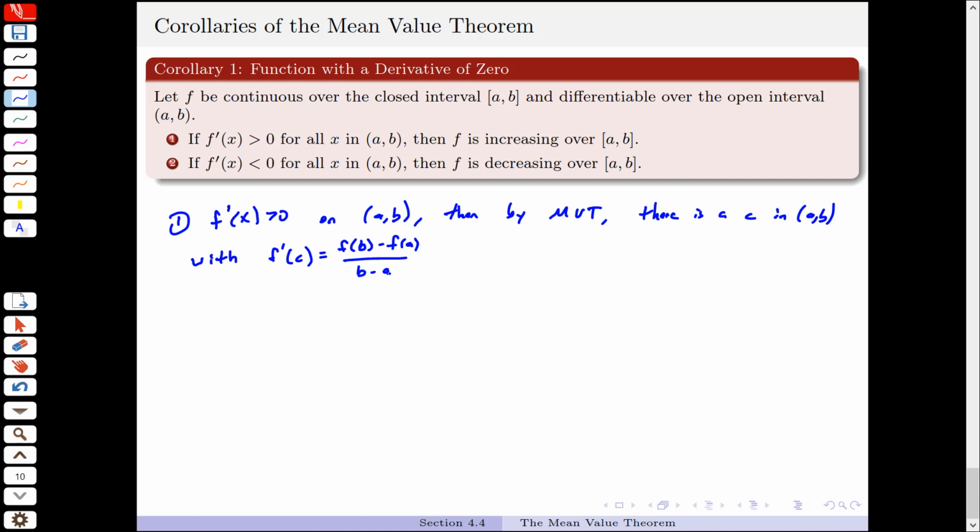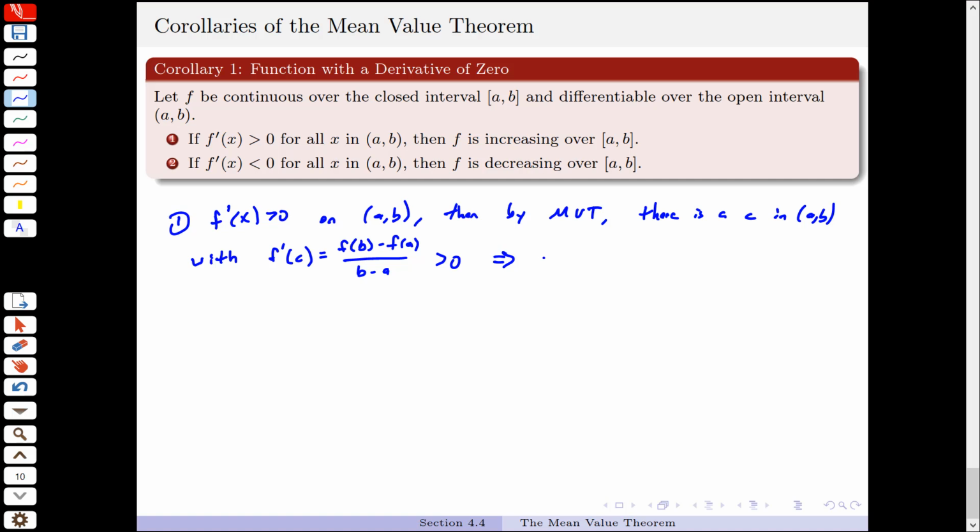And I know that the derivative is always positive, so this f prime of c is positive. And if this is an interval (a, b), then b minus a is a positive number.